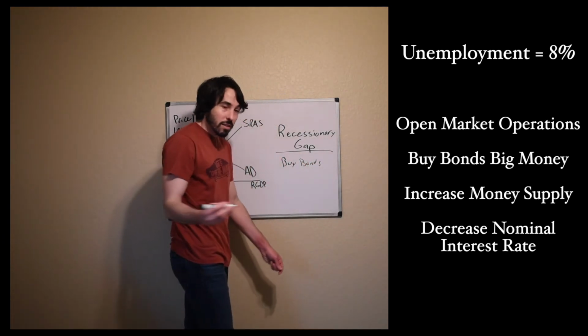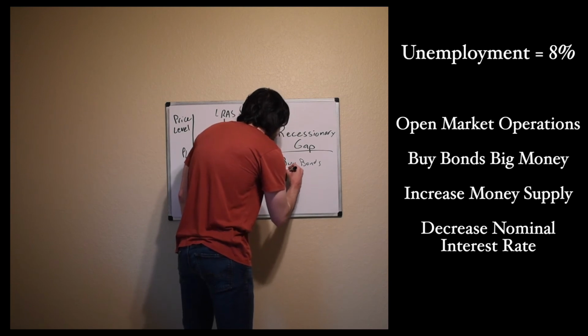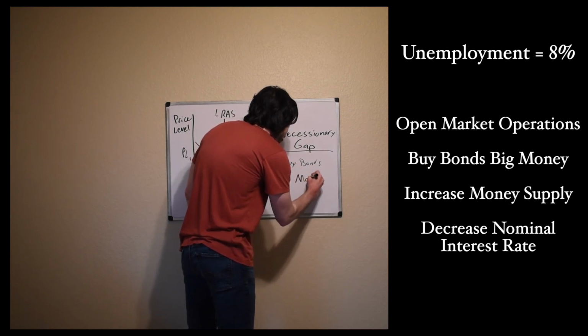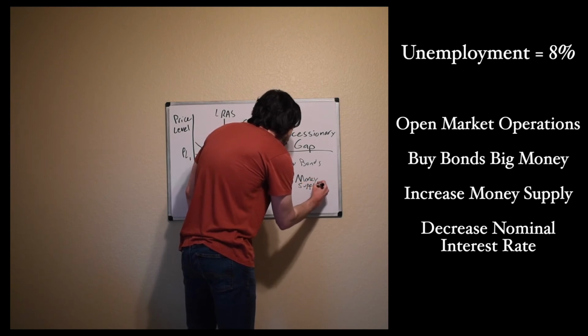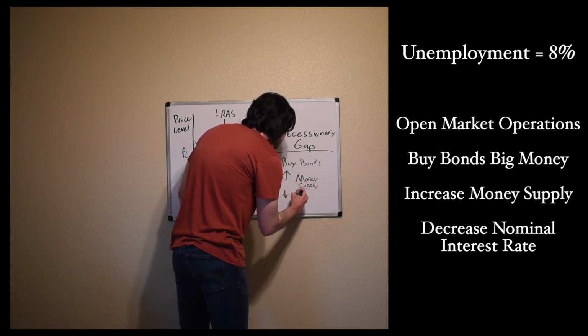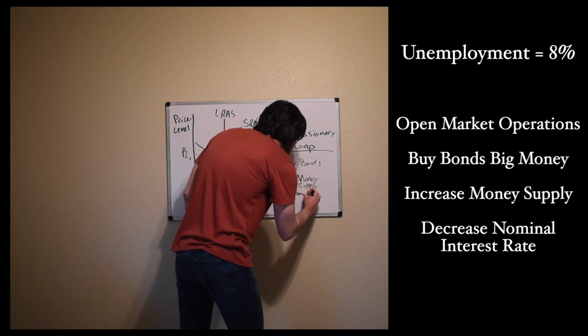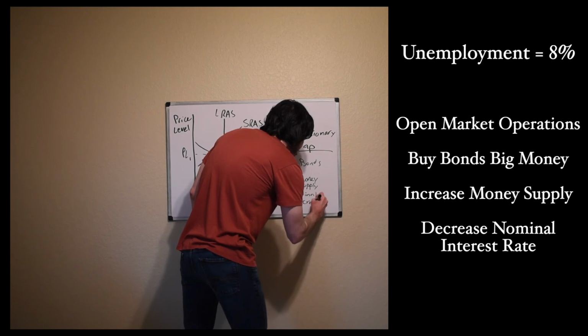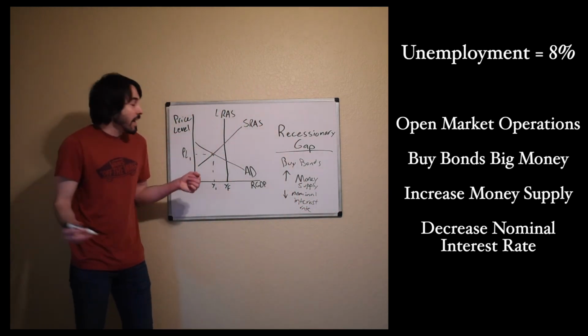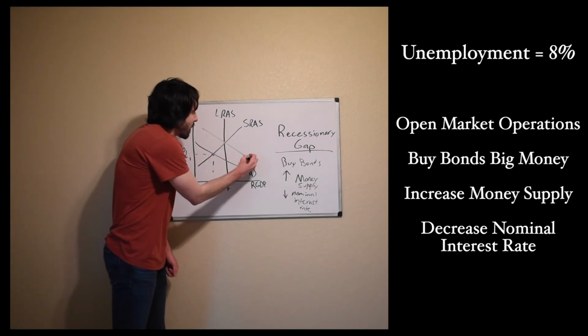Once we buy bonds, that's going to increase the money supply, which will decrease the nominal interest rate, and lead to aggregate demand increasing and shifting to the right.